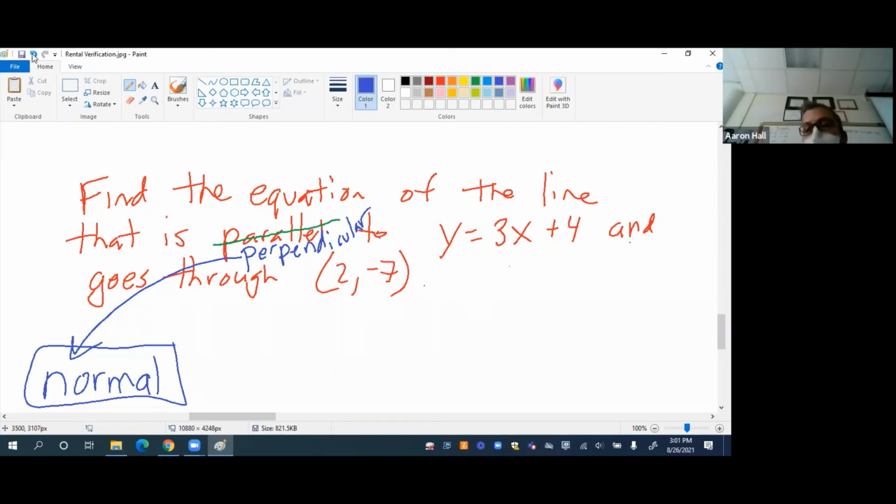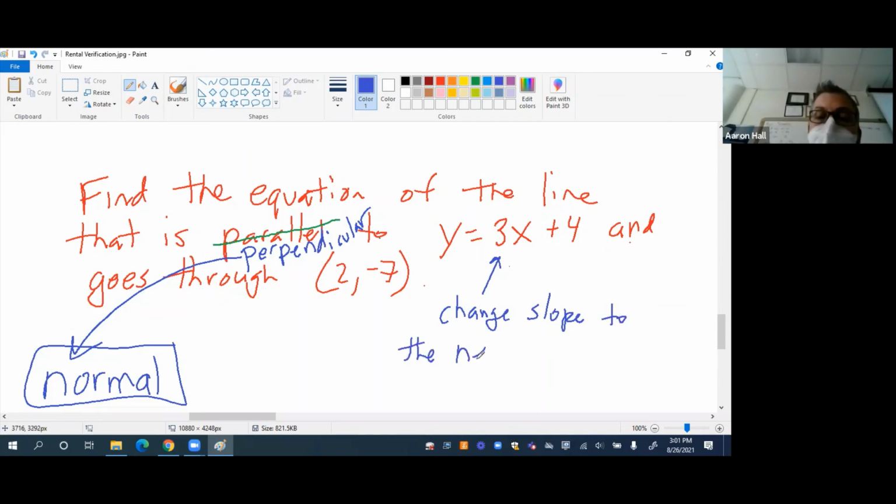The negative reciprocal. We have to change the slope to the negative reciprocal.